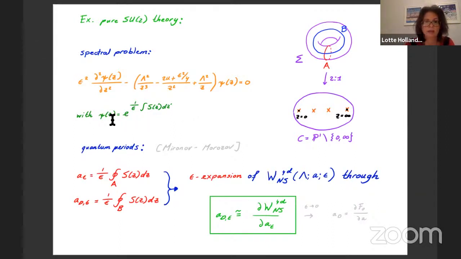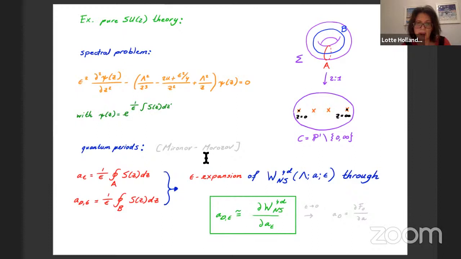That is, we say that psi of z is equal to the exponential of 1 over epsilon times some integral of a function S of z. Once we've defined psi of z like this, we can consider quantum periods, that is, epsilon deformations of the usual periods, where instead of integrating over lambda, the Seiberg-Witten form, we integrate over this function S of z.